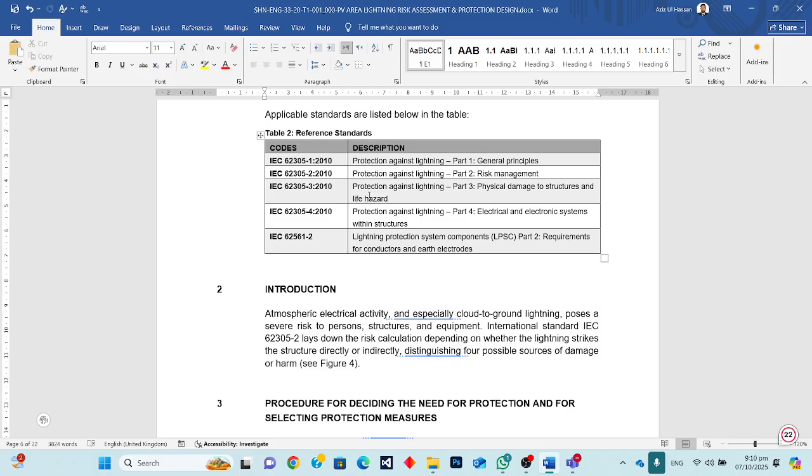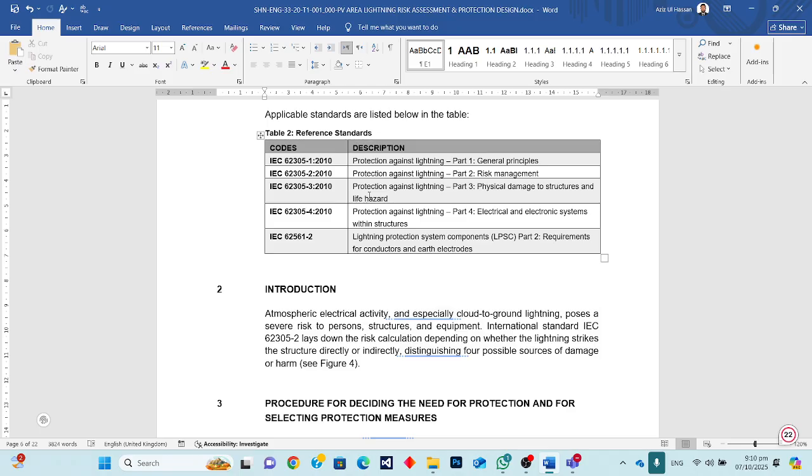On that basis, we check whether this risk is under the limit value as per the IEC standard, or whether the calculated value of the risk is higher than the tolerable limits. If the risk is higher than the tolerable limits, then we must install lightning protection systems.